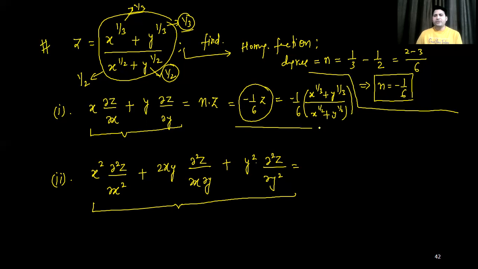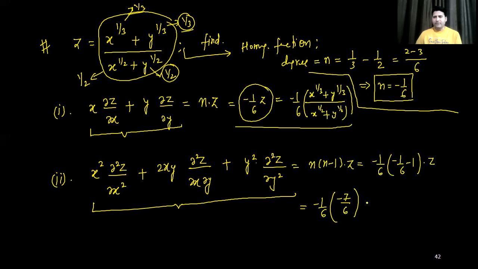I hope you understood. Moving to the second one. The second is n into n minus 1 into z, where n is minus 1 upon 6, so minus 1 upon 6 minus 1 times z. So minus 1 upon 6 into minus 7 upon 6 into z.